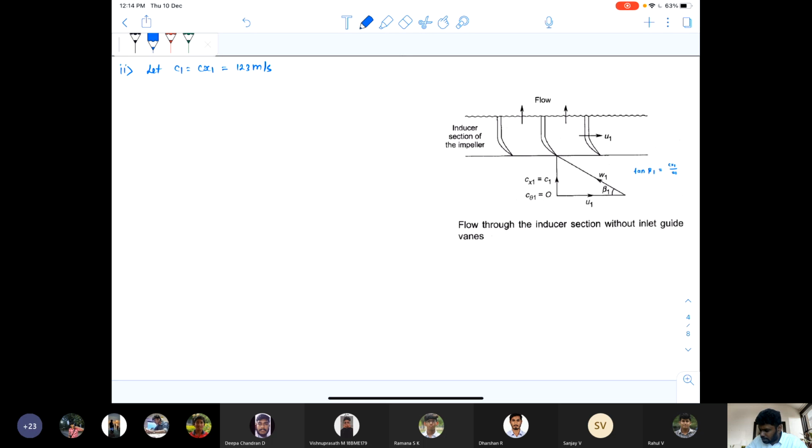So again T1 will be equal to T01 minus C1 square divided by 2Cp. Now we know the value of T01, which is 335, minus C1 square, whose value is 123 meter per second.